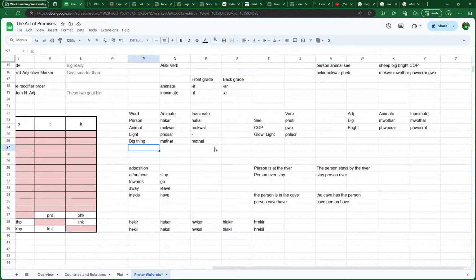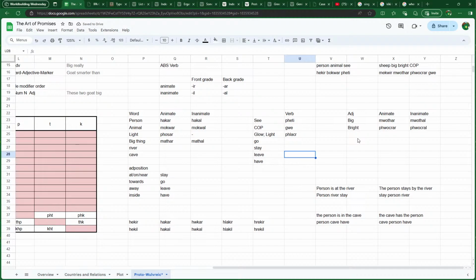So now we just need river, cave, stay, have. Actually, we have go, stay, leave, have. There we go.